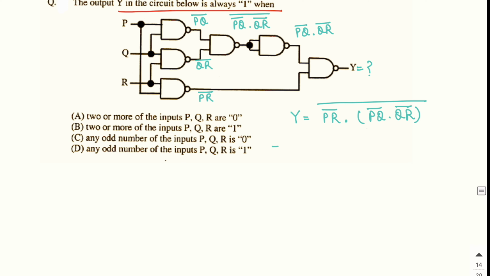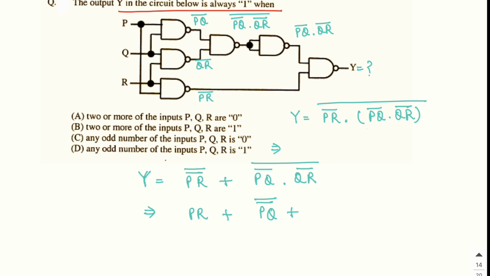So when we open it as per De Morgan's law, we have Y is equal to PR double complement plus (PQ bar dot QR bar) whole bar. Again we apply De Morgan. This is a double complement, so it's the element itself. Over here you will get PQ double complement plus QR double complement. This is PR plus PQ plus QR.